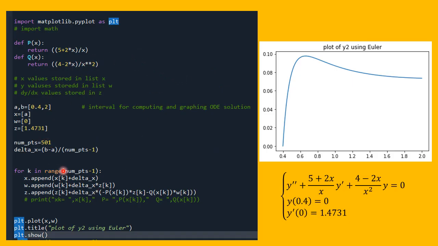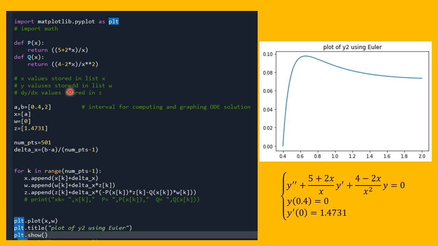So here is a Python program for producing a plot of the function y sub 2 of x. This uses Euler's method to consider the initial value problem, where we have y double prime plus p of x, which is here, times y prime, plus q of x, which is defined here, times y equals 0.